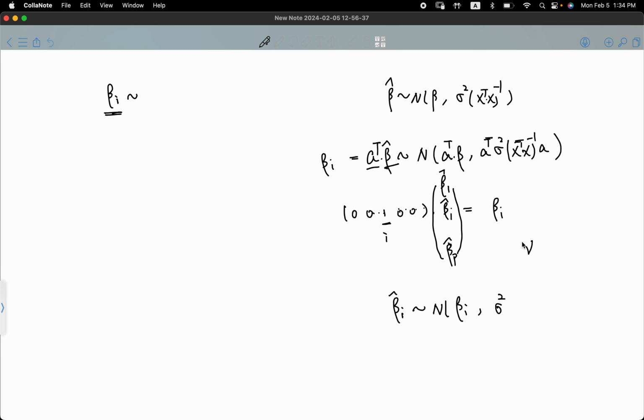Here let's denote the p by p matrix as X transpose X inverse.